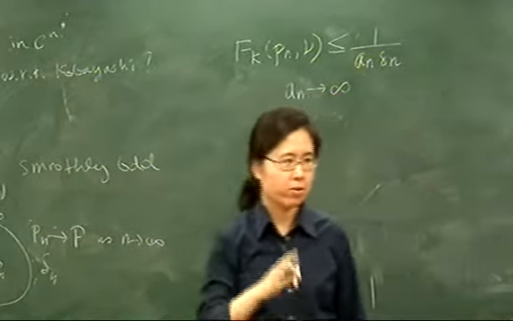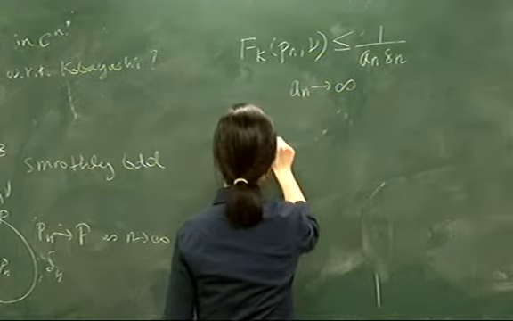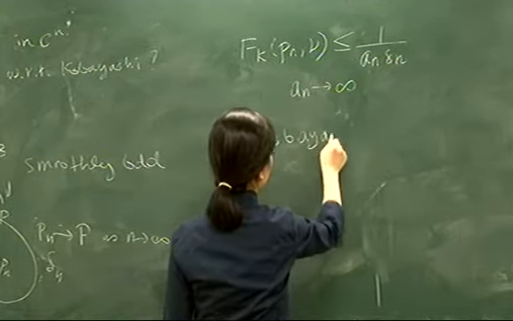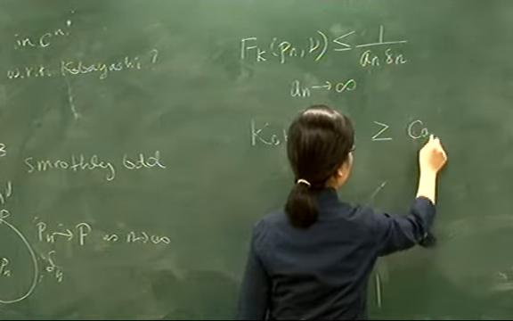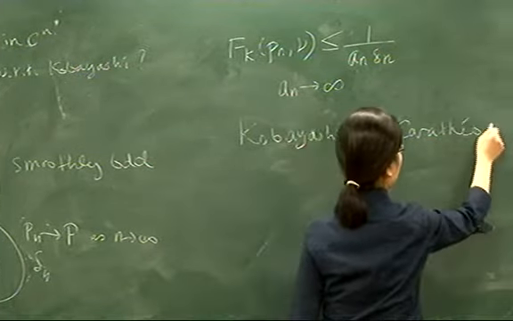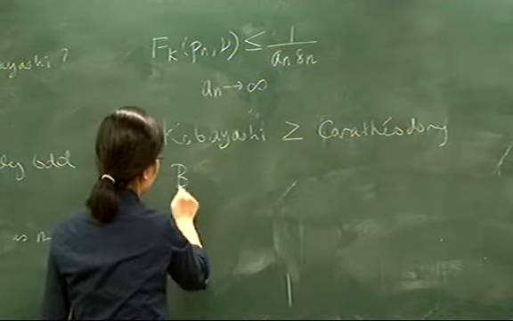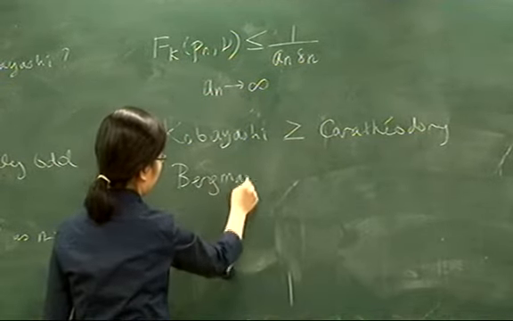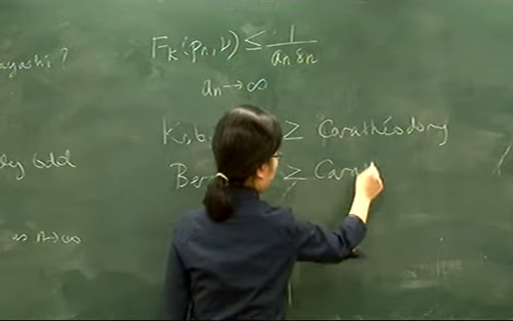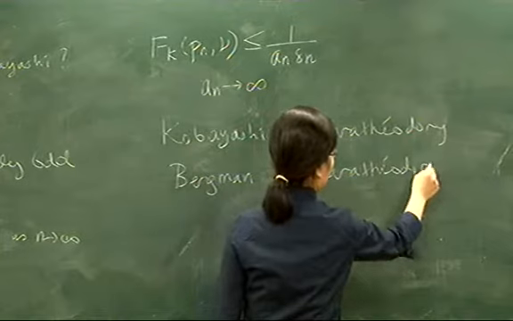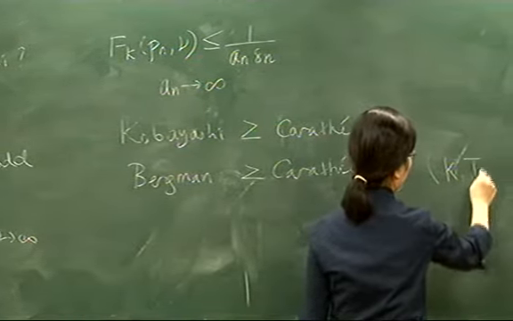And about your question, the relationship between the metrics. We know the Kobayashi metric is greater than or equal to the Carathéodory metric. This is by the Schwarz lemma. And the Bergman metric is greater than the Carathéodory metric. This is a theorem by Kyung-taek Han.